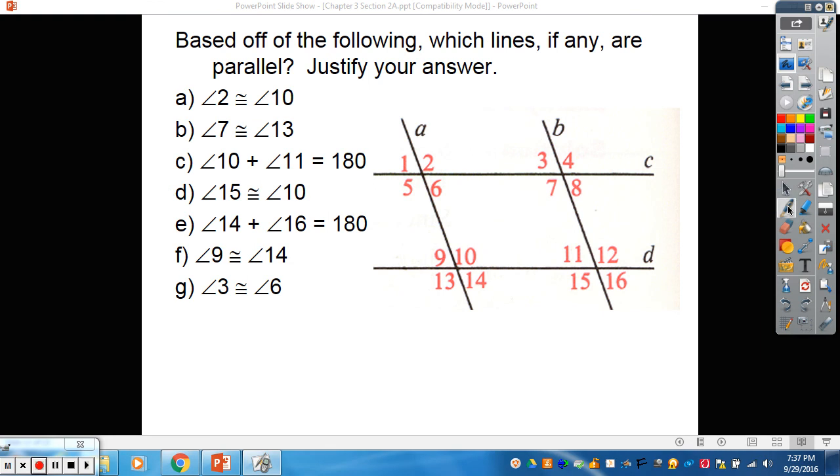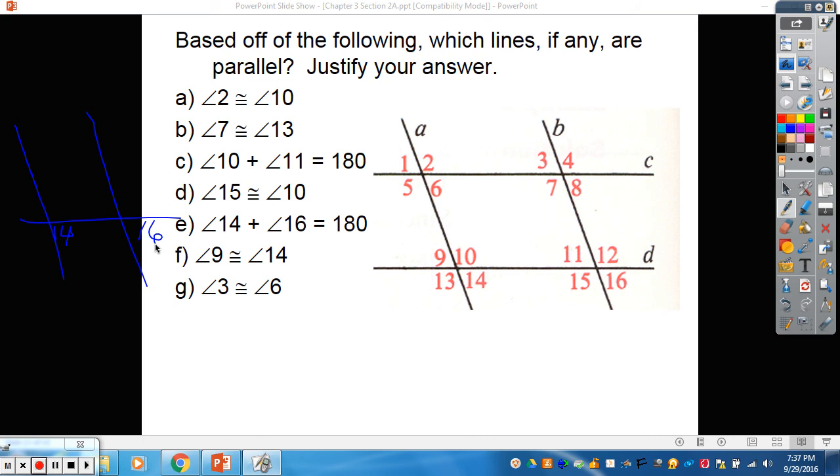The next one, angles 14 and 16 add up to 180 degrees. So if I go ahead and do this, 14, 16. Well, as I look at those two angles, those are corresponding angles. What do corresponding angles have to be in order for lines to be parallel? They have to be congruent.